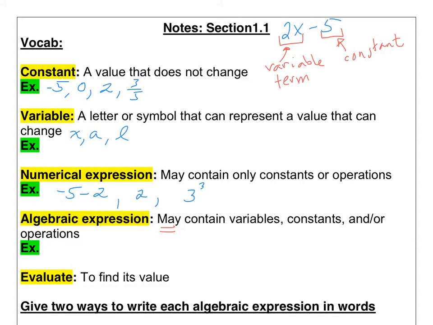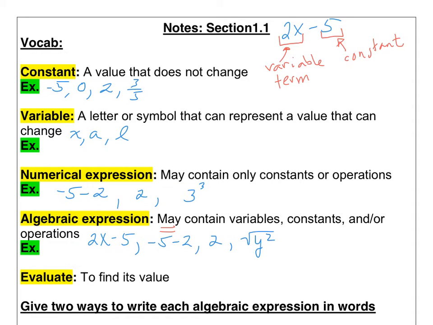So it's got both constants and variables in there, but an algebraic expression does not have to have a letter in it. It could be what's up above, -5 minus 2. Again, it could be just a number. It doesn't have to have a variable in it. It could be a square root of, I don't know, y squared.